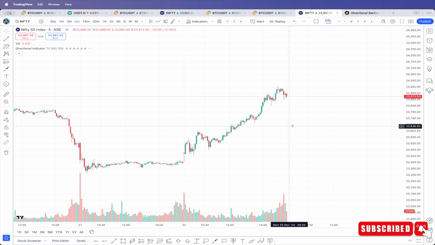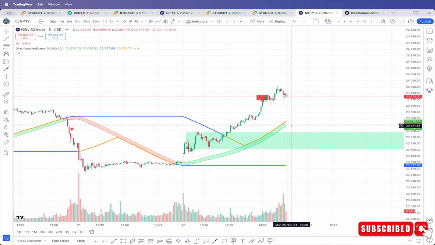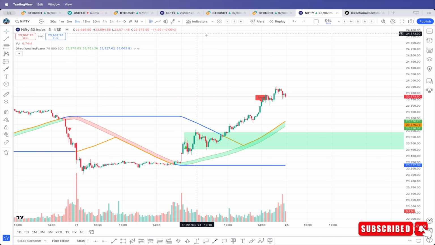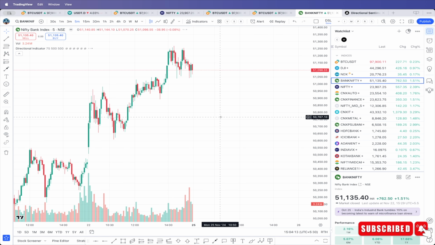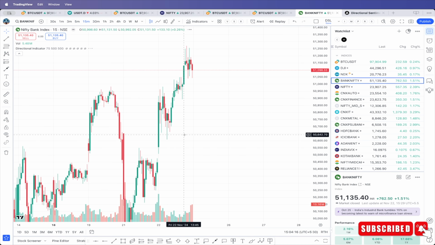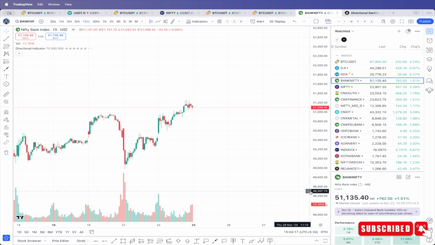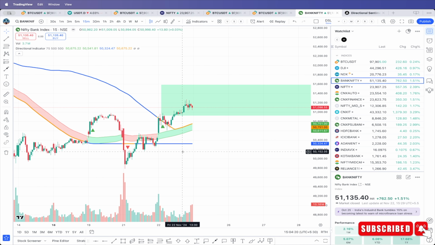I just wanted to show you the bottom price targets as well, which right now I don't see, but yes, it's clearly visual, and it will be able to tell you that this is the price range, and this can be the potential target on the bottom side as well. So that's how ATR based target zones work.